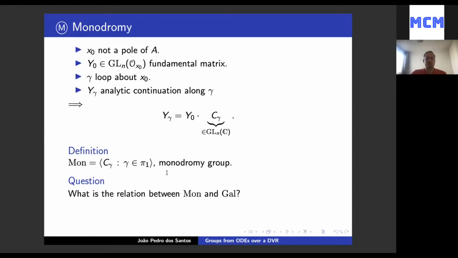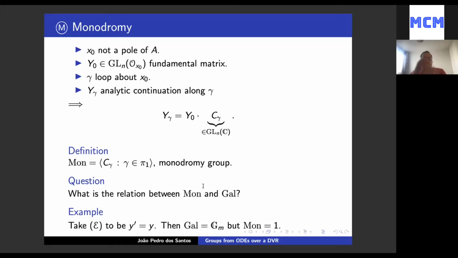Say you want one to be the Zariski closure of the other. That is also not true, as the most obvious example shows. You take the exponential. The exponential has no monodromy, so it has no singularities. But the Galois group is G_m because you cannot find algebraic solutions, and the monodromy is trivial.